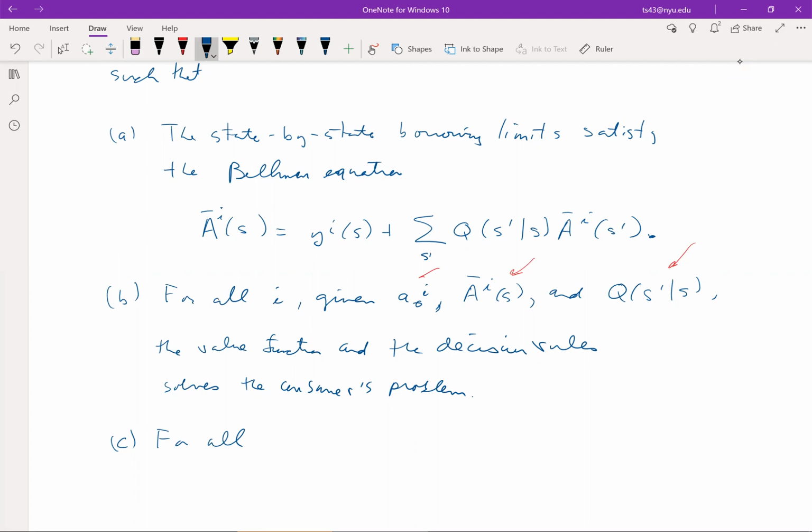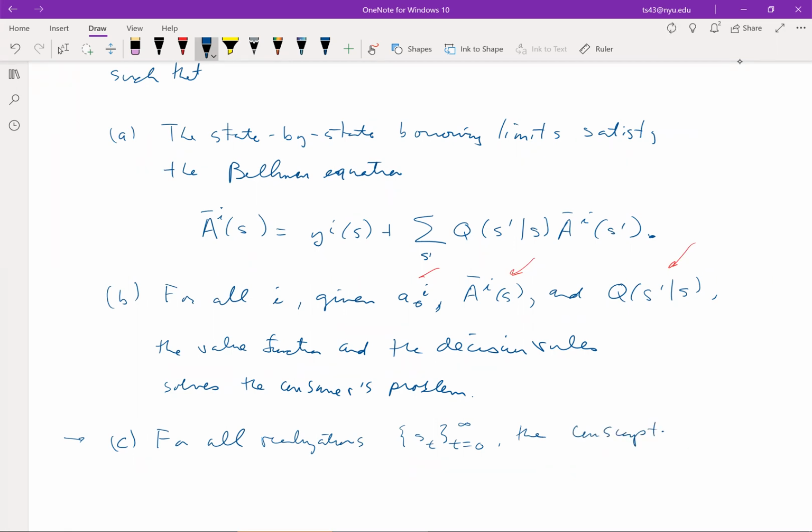I'm going to write this last one in a non-recursive way, for all realizations. So now I'm abandoning the recursive setup, but I want to do it nevertheless.